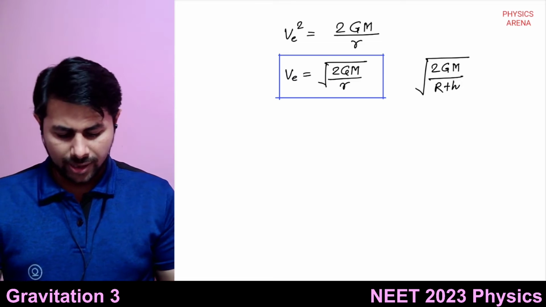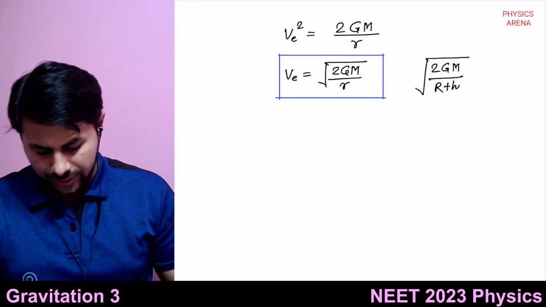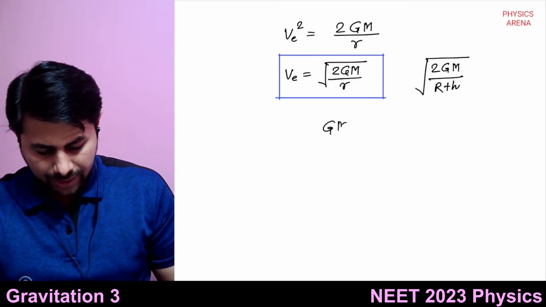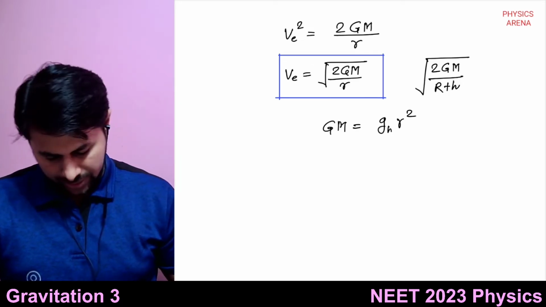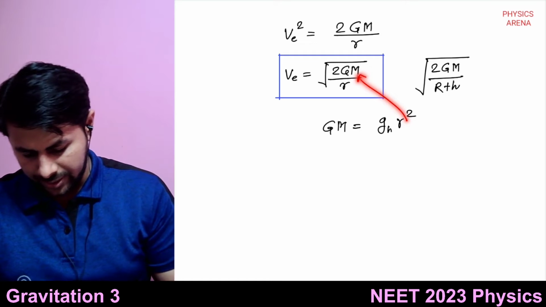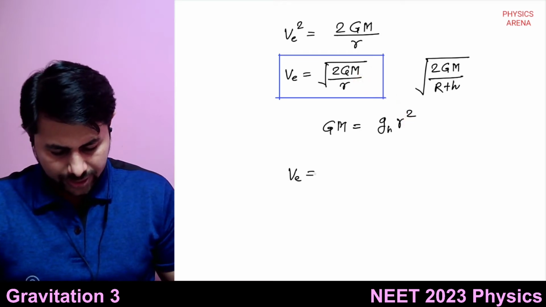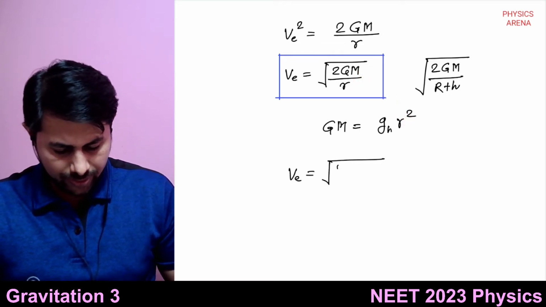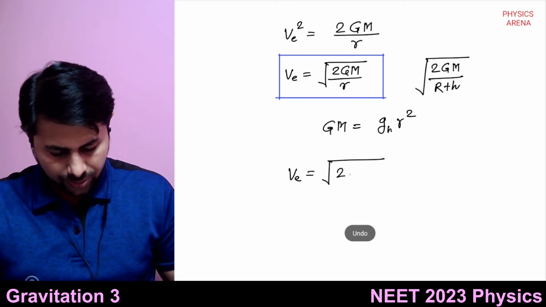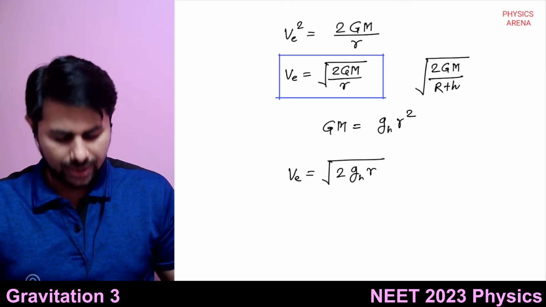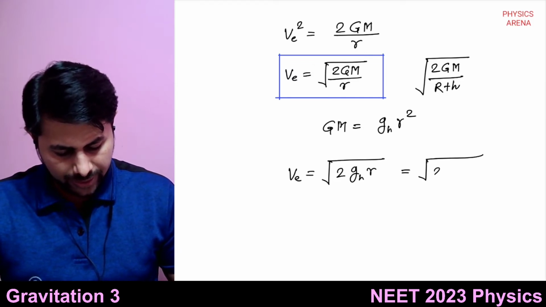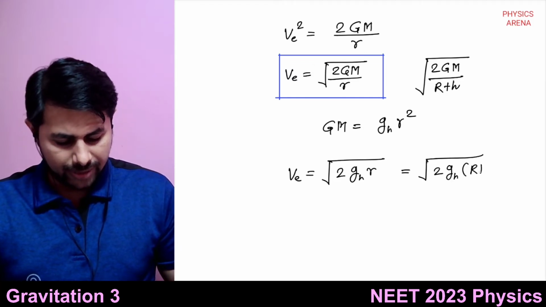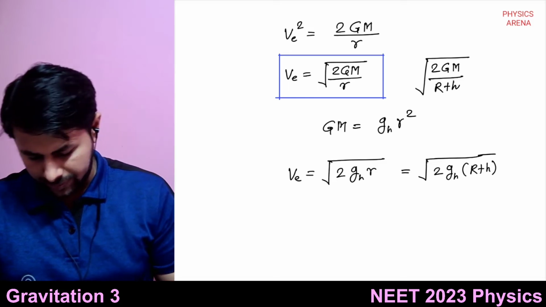And again, we can write GM is equal to g_h multiplied by R square. If we substitute that here, the escape velocity is equal to square root of 2 g_h R square divided by R plus h.